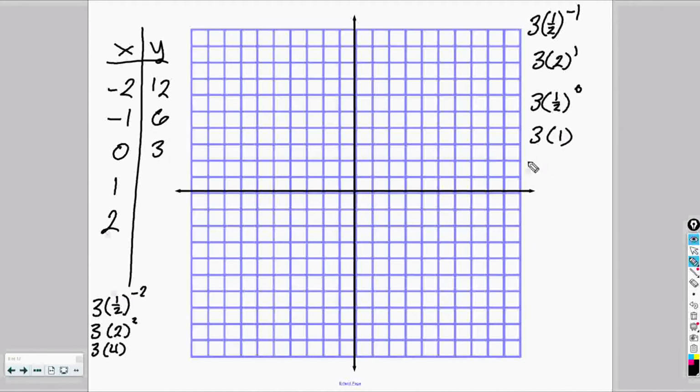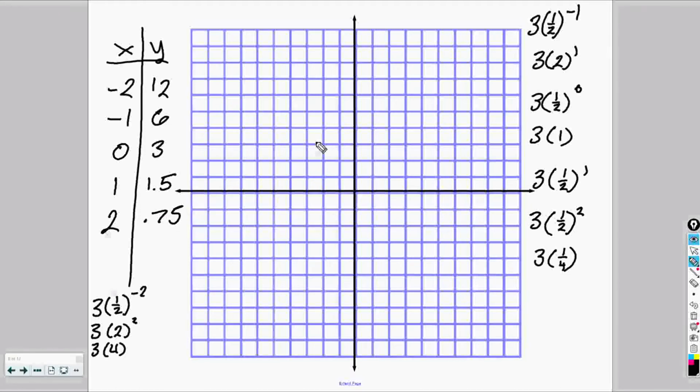All right, now in the positive values, we have 3 times 1/2 to the 1st power. Well, that's just 3 times 1/2, or 3/2, or 1.5. All right, now with 3 times 1/2 to the 2nd power, 1/2 to the 2nd power would be 1/4, and then we have 3 times 1/4, which is 0.75, or 3/4.